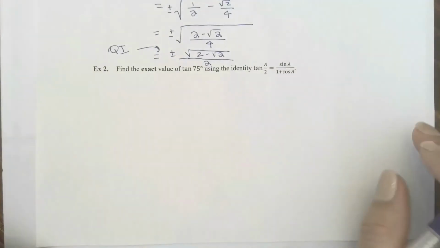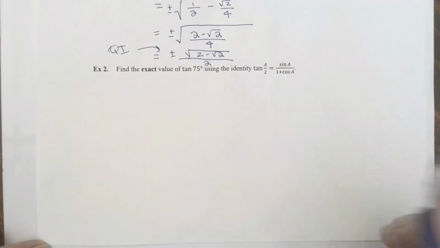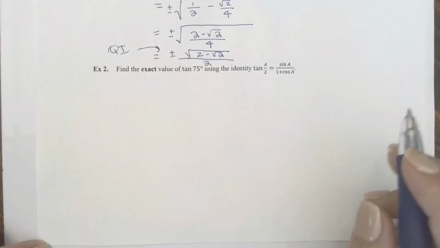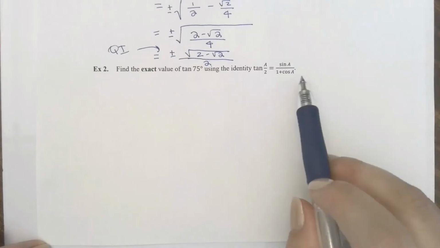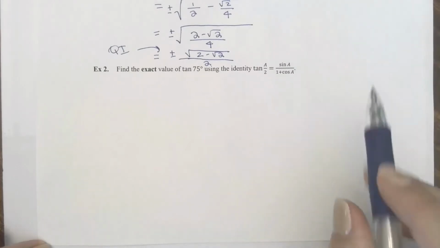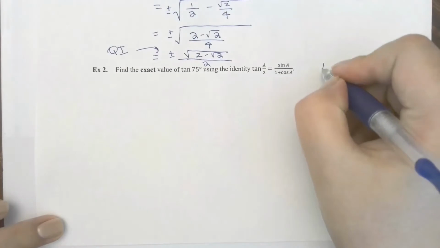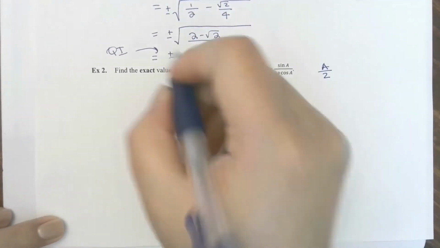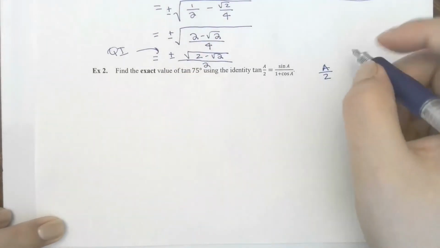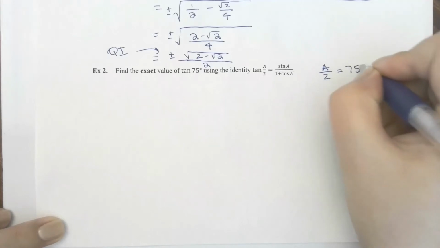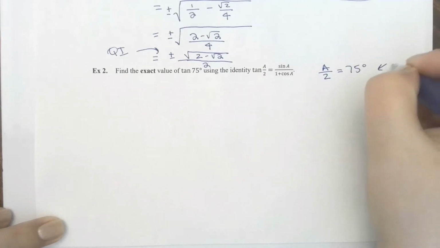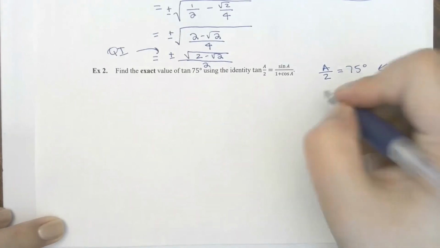Find the exact value of tangent of 75 degrees using the identity tangent of A over 2 equals sine A over 1 plus cosine A. So this is tangent of A over 2, where A over 2 is equal to 75 degrees, which is in quadrant 1.